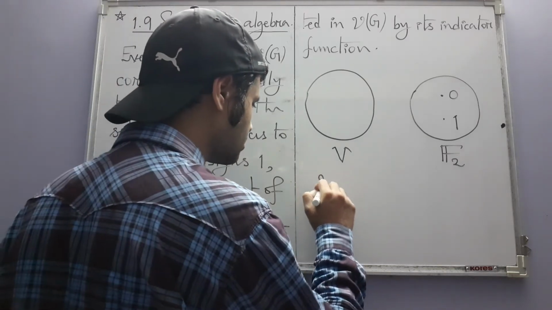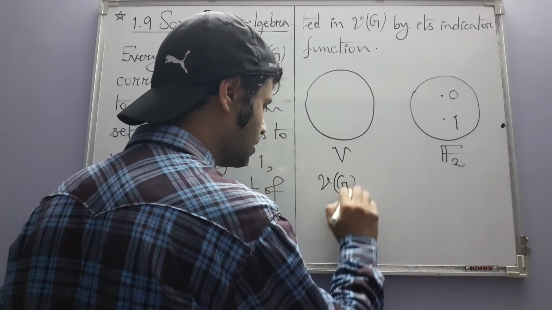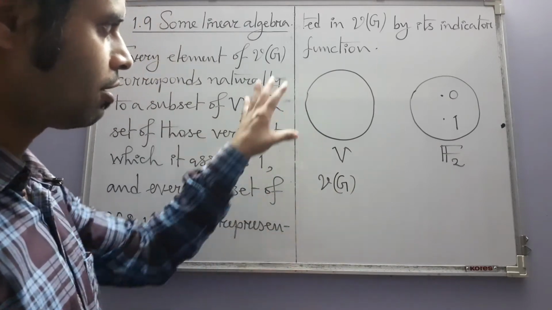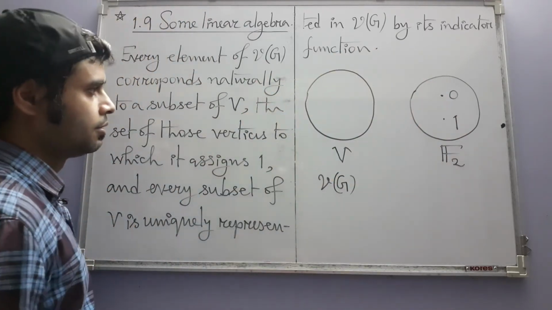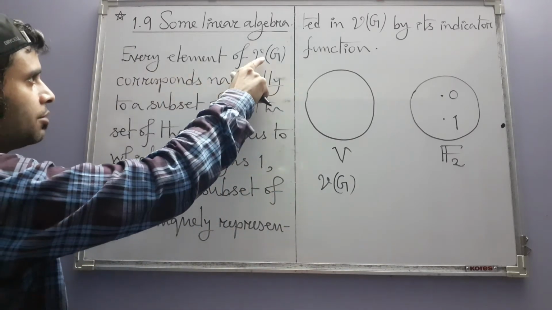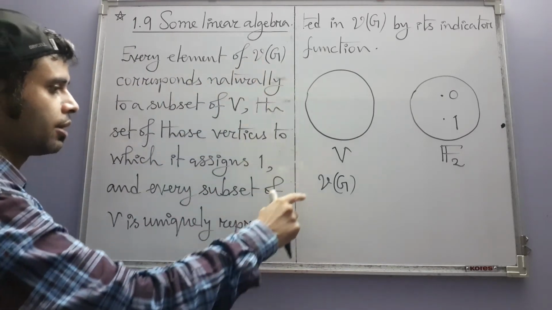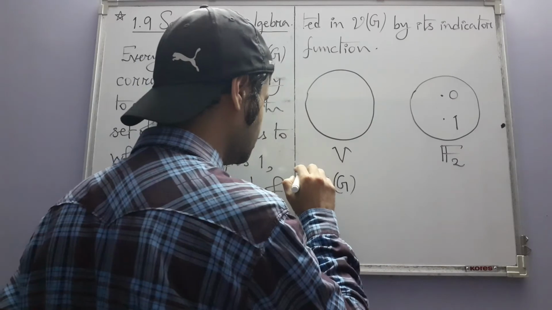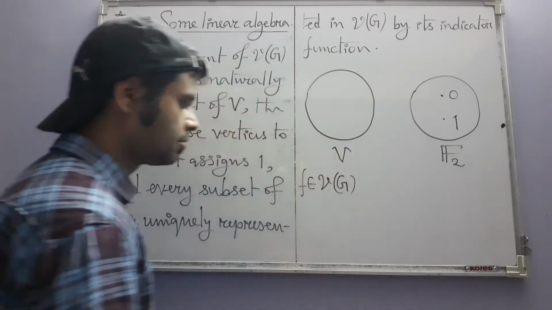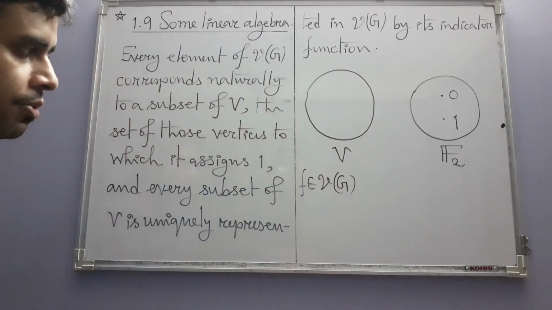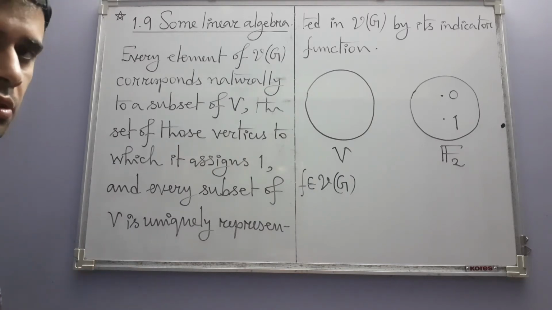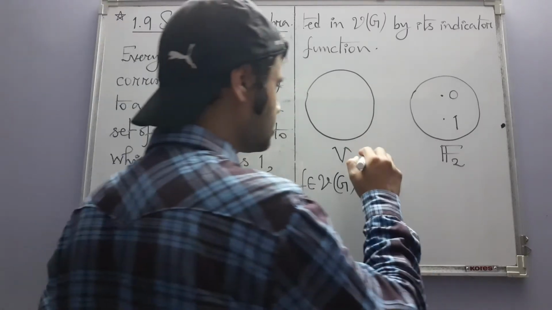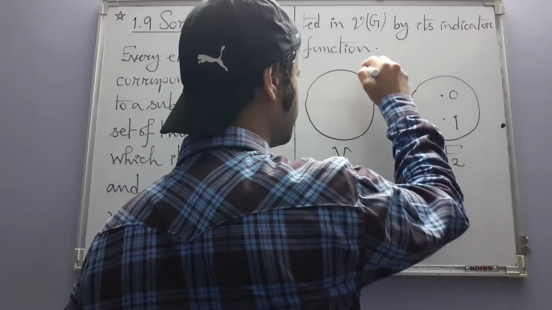Our vector space is in fact the space of all functions from V into F2. Every element of nu of G. So let us take one element of nu of G. Say F is in nu of G. F is a vector. Actually F is a function, but you can also call it a vector because it's coming from a vector space. So this F is a function from V into F2.